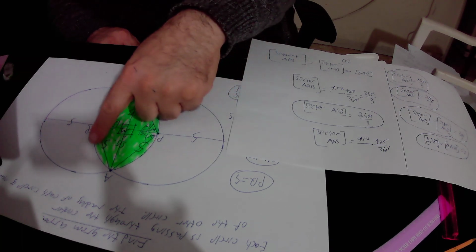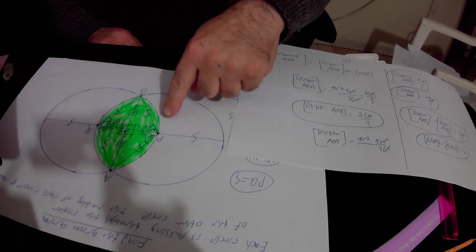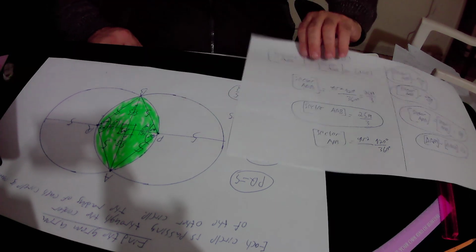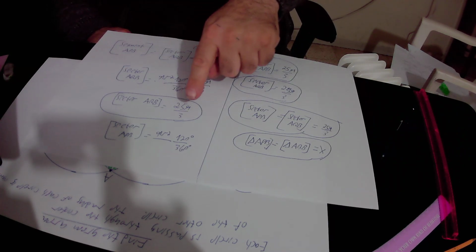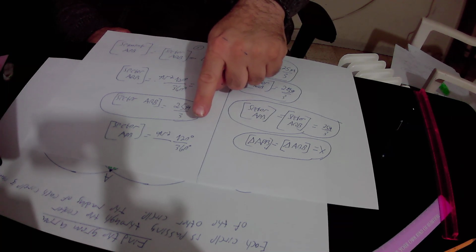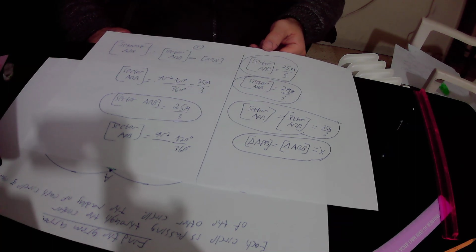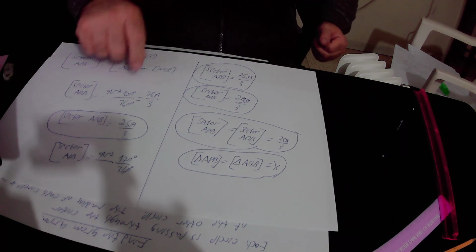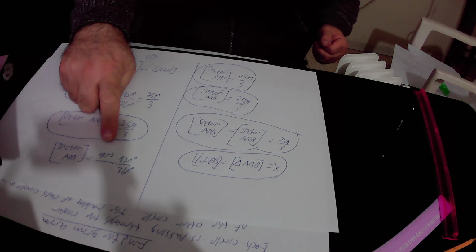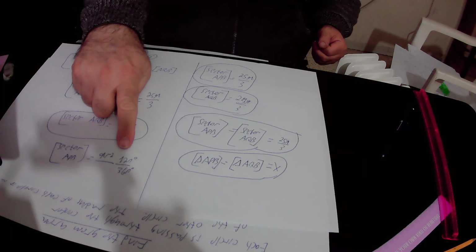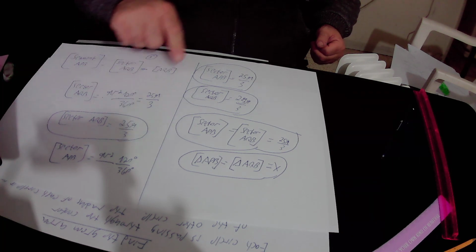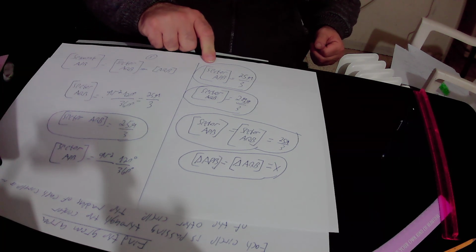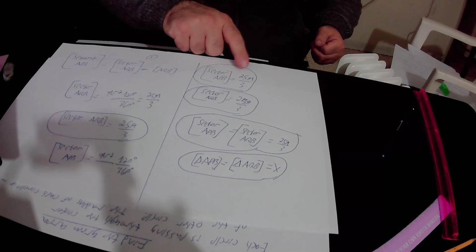R equals 5, so r squared is 25. So in the numerator we have 25 pi, and 120 degrees over 360 degrees is 1 over 3. So the area of sector APB also equals 25 pi over 3.